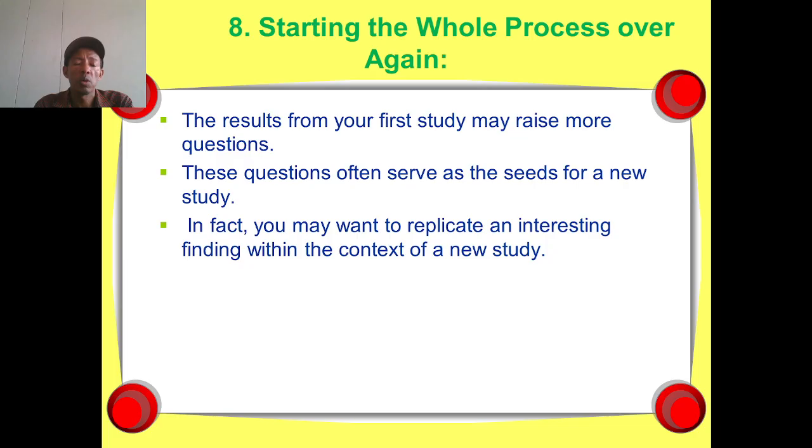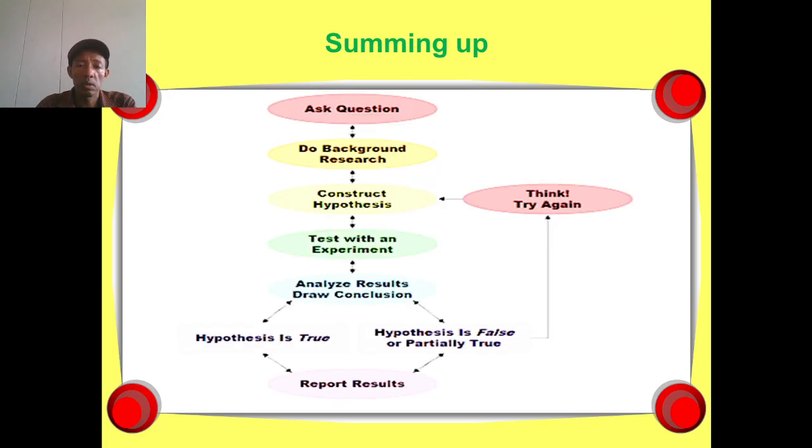Because these questions serve as a springboard or seed for a new study, you design a new study or replicate an interesting finding within the context of a new study. So this is all.